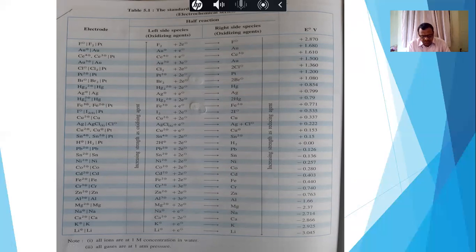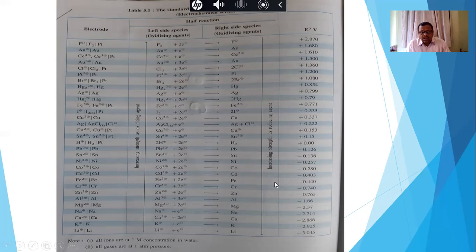More positive values of the reaction indicate a forward reaction and a reduction type of reaction, and a more reverse direction indicates the oxidation reaction.